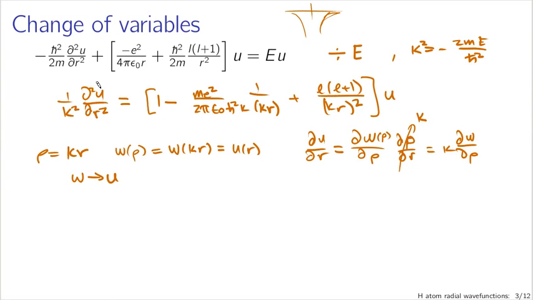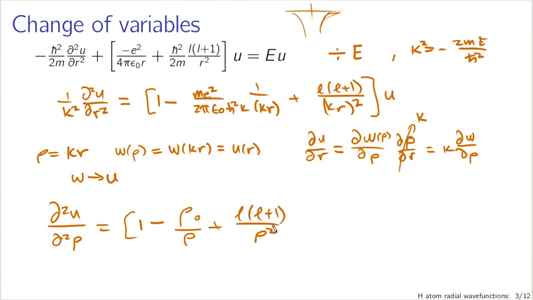Our re-expression of u as a function of ρ means we can sort of fold the k here in the denominator in with the dr, turning it into a dρ. When you do that, the final equation you get is the second derivative of our new u function of ρ with respect to ρ is equal to 1 minus, and I'll define another constant, ρ₀, over ρ, plus l(l+1) over ρ², all multiplied by u.